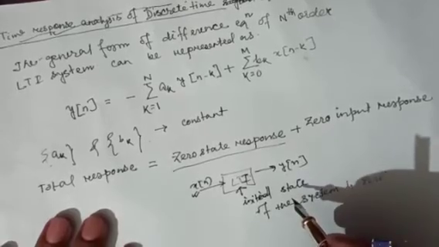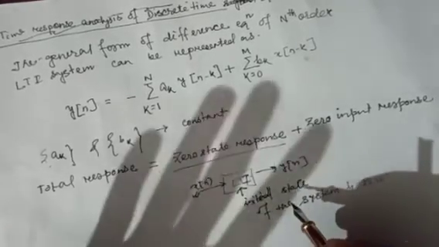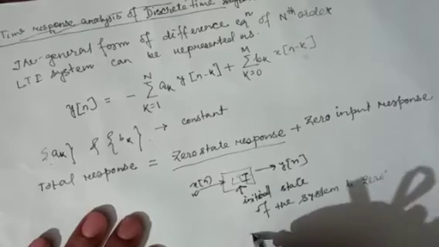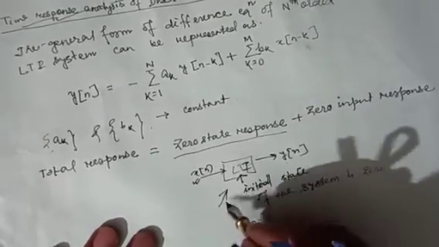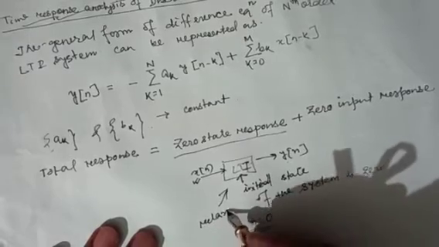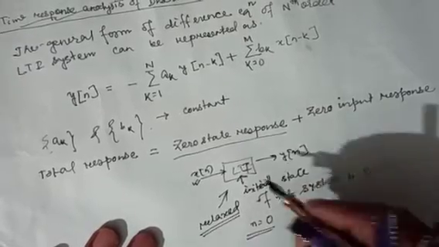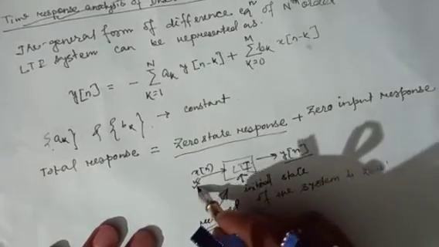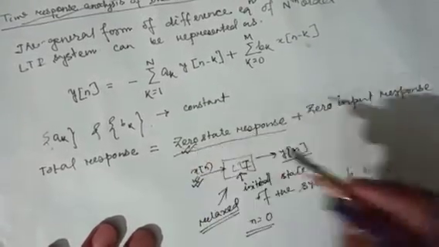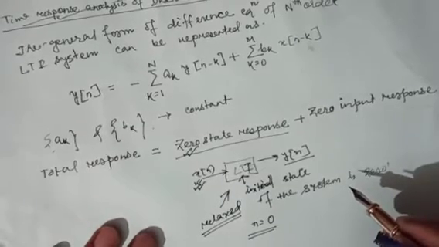That means the system is initially relaxed, at time n is equal to 0, so it is called a relaxed system. There is no initial state of the system, so the response is due to the input alone, and which is called the zero state response of the system.